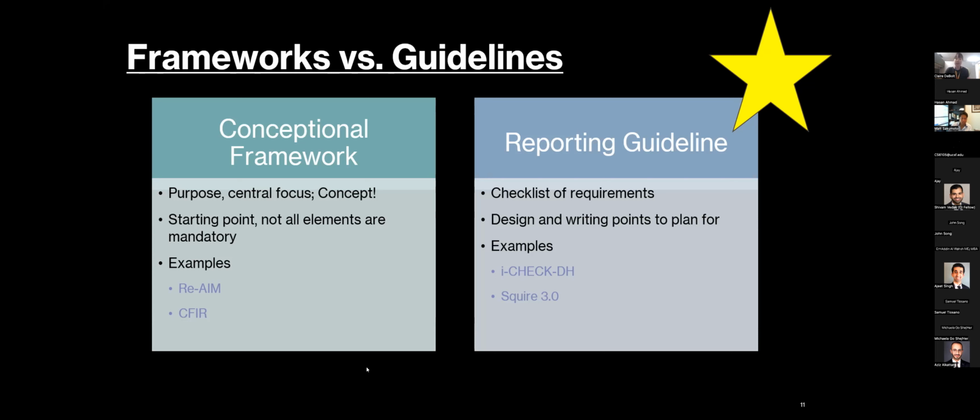They provide design and writing points to plan for as you're exploring your study. And some really common ones are the I-CHECKED, which is new, and also a growing requirement for different journals like JAMIA. And then SQUIRE 3.0, which is a little bit more classic, as you can tell by the 3.0.